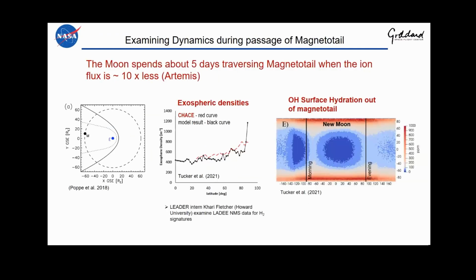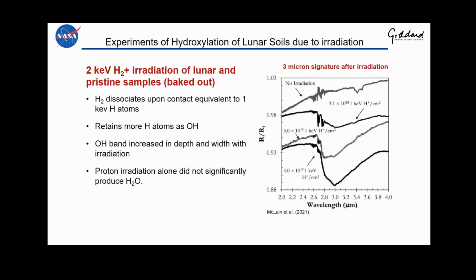I'll just skip past this part here, but this is also demonstrating that you would have these effects as you pass through the magnetotail and magnetosheath, especially for light species like hydrogen, which can escape on really short time scales. So these dynamic effects can be modeled and compared to dynamic observations of these different processes.